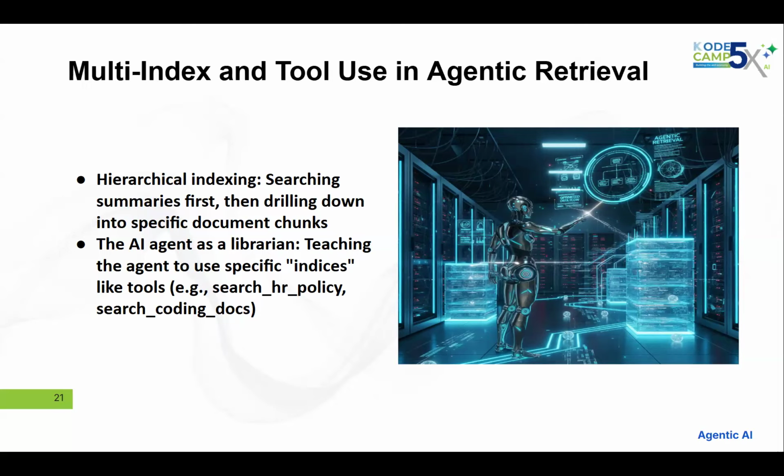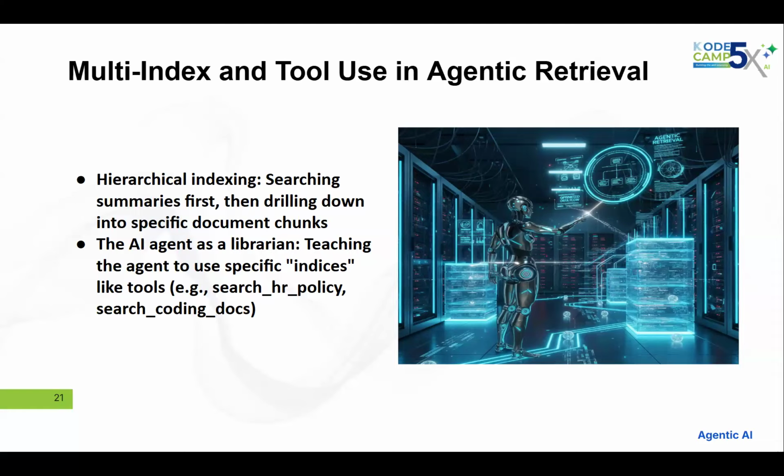Here, in this case, the agent could be acting like a librarian, while indexing is what librarians use. When you come to the library and you want to get a book on a particular topic, the librarian uses an index to know where the shelf is that contains books related to this topic.